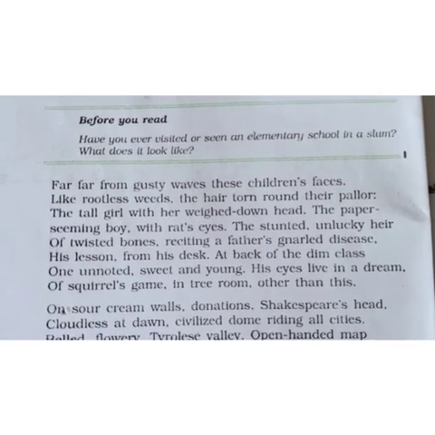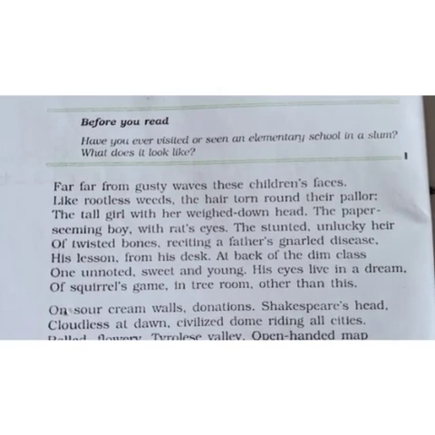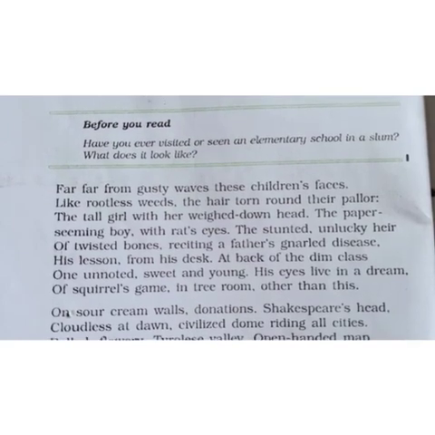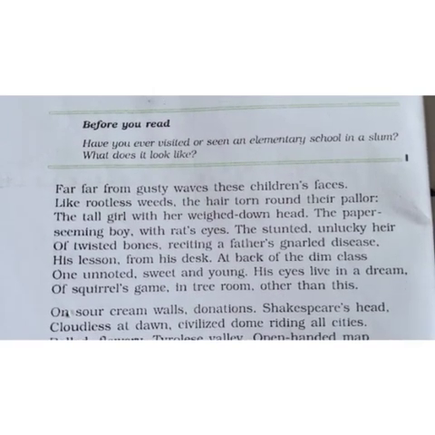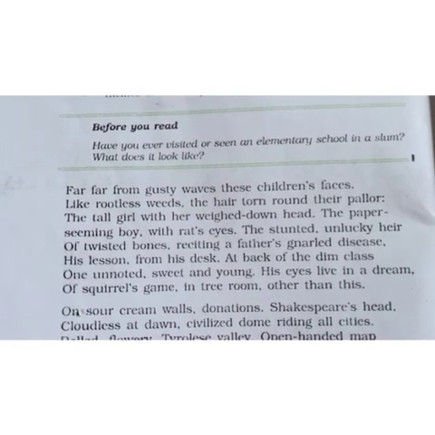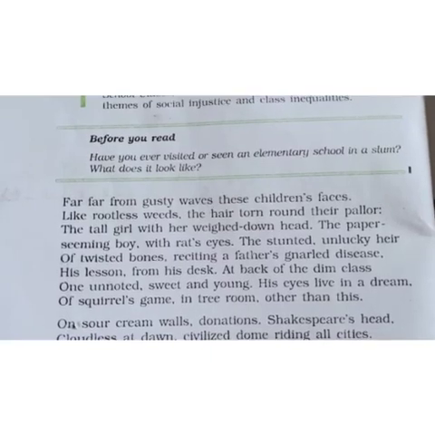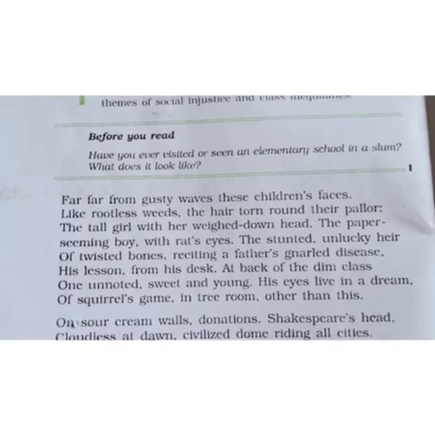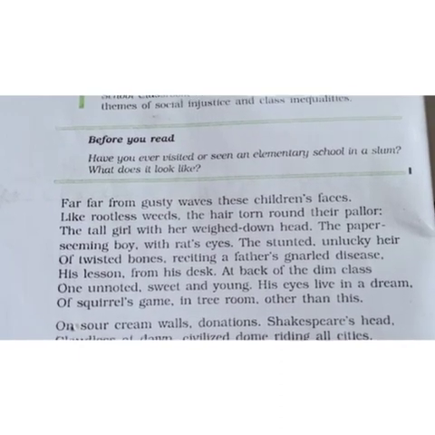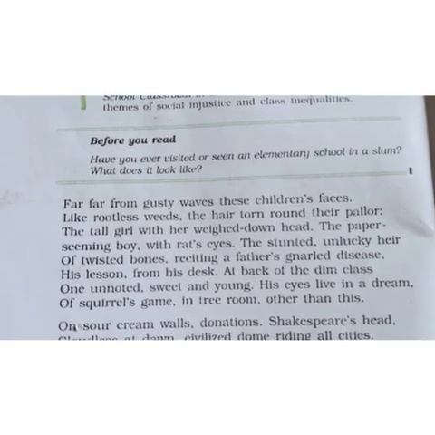He is imagining the squirrel's game. There is a tree room, means a hole in a tree, and the tree is outside the classroom, where the squirrel is playing the game. And the child is more interested in that game rather than whatever is happening in the classroom. So here in this stanza, the poet has presented a glimpse of the students present in the classroom.